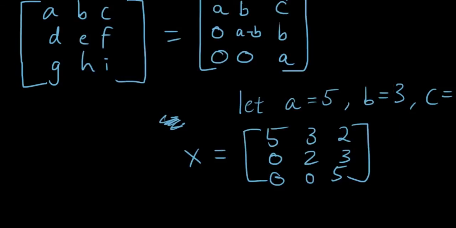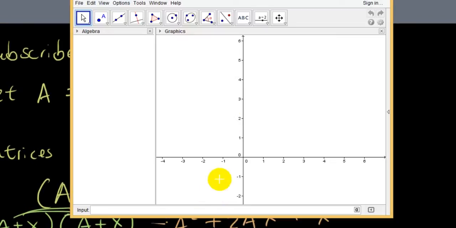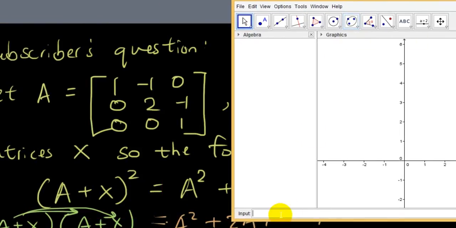So in GeoGebra, I'm going to put in this matrix first. Matrix A equals braces 1, negative 1, 0, 0, 2, negative 1, 0, 0, 1.